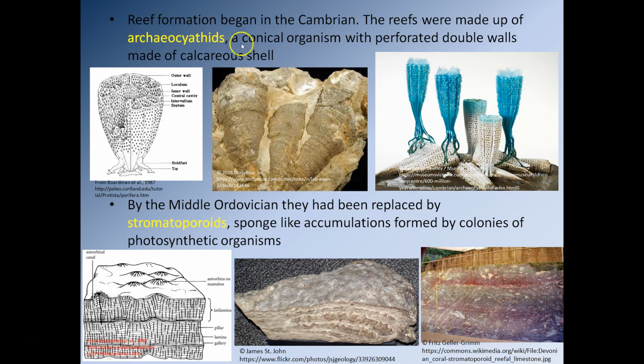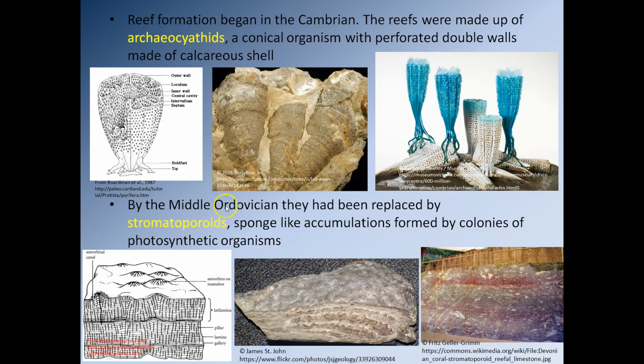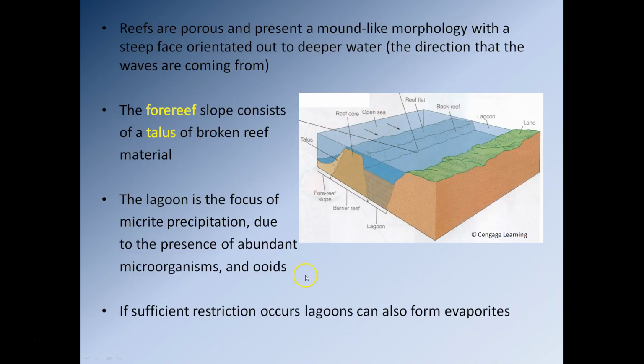Now, in the case of the archaeocyaths, the reefs that were forming were long, linear, continuous bodies. In the case of the stromatoporoids, they would have been arguably what we refer to as patch or mound reefs. So it wouldn't have been a linear body, it would have been lots and lots of mounds, all in the same area, acting as a barrier.